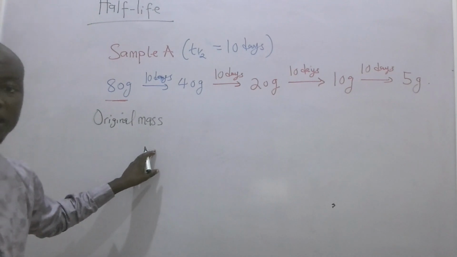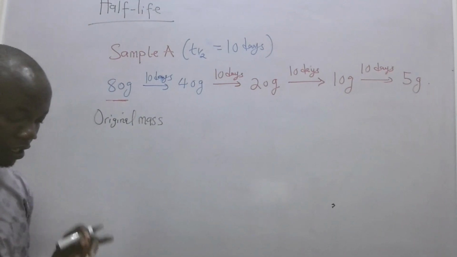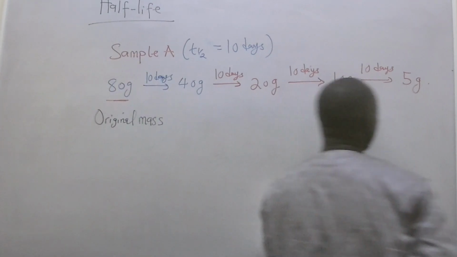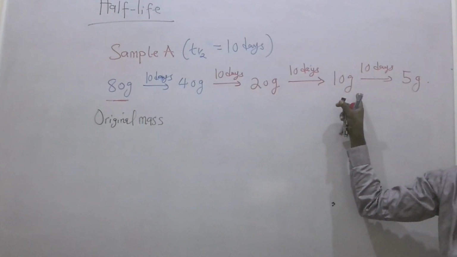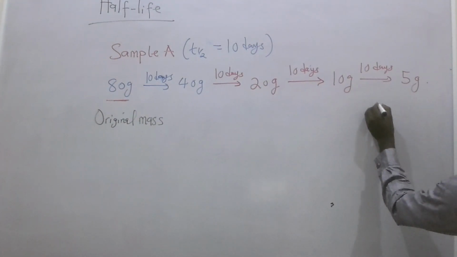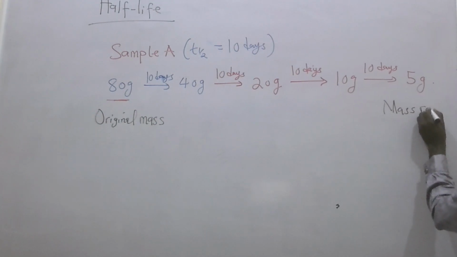We call it original mass. That is the starting mass. The starting mass is called original mass, while the mass left after this series of half-lives is called mass remaining.